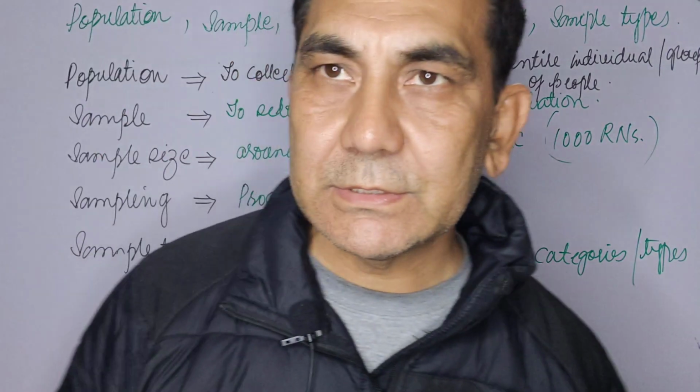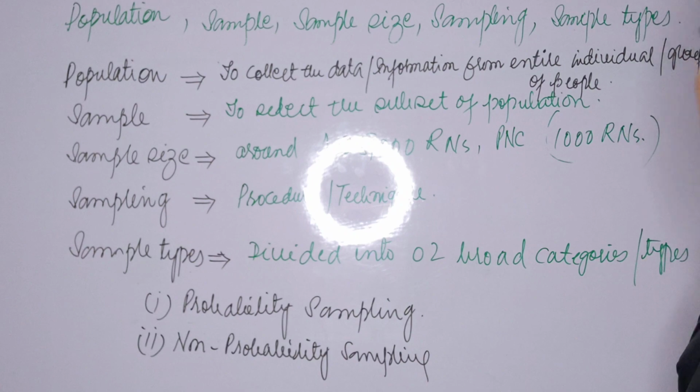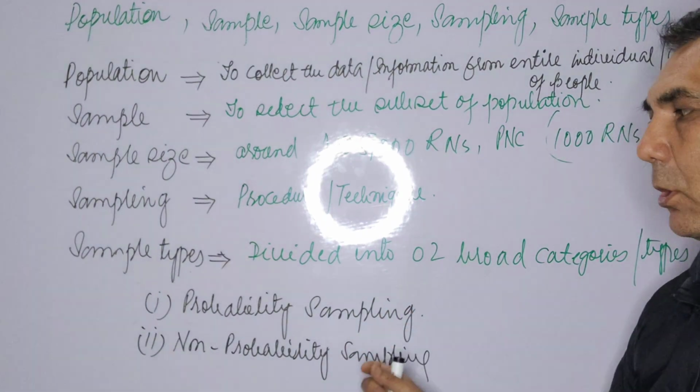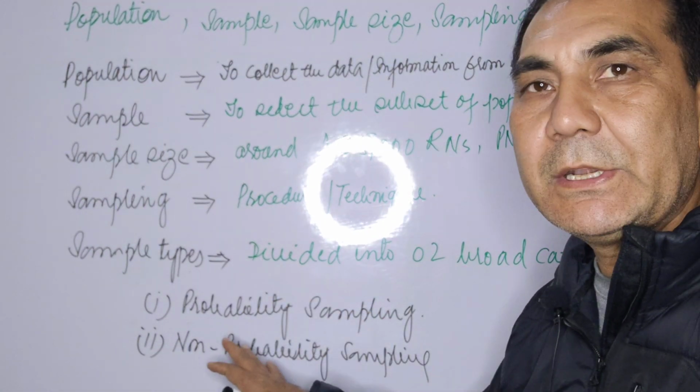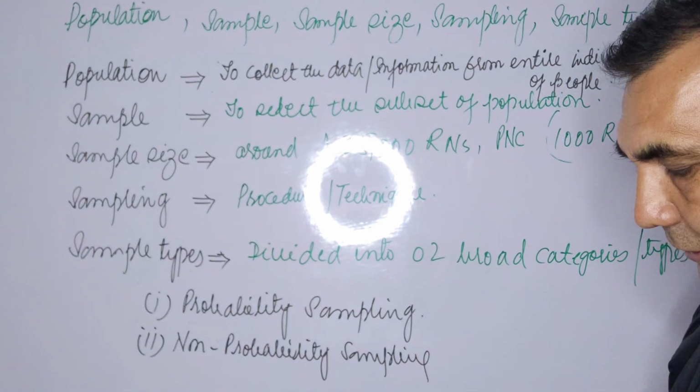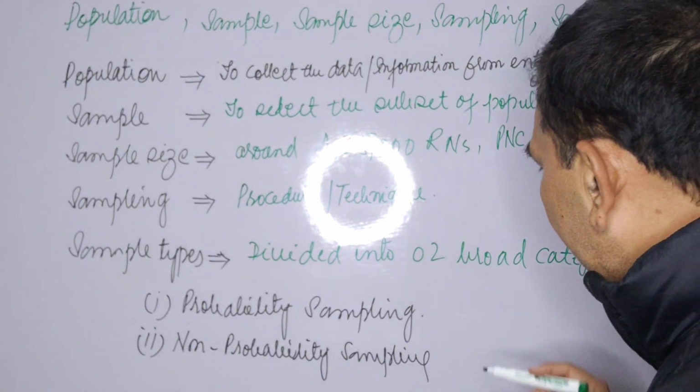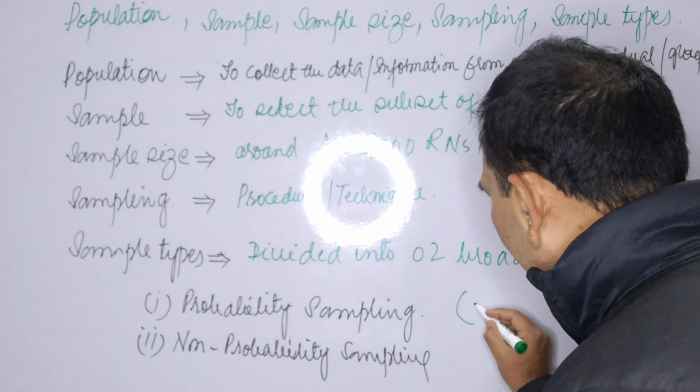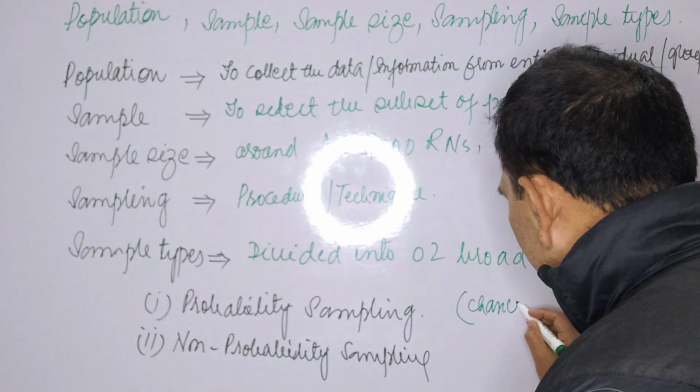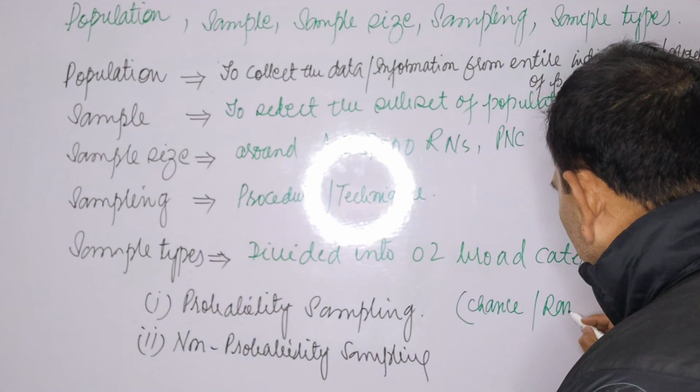Now, what's the difference? Here we will learn briefly about the difference between probability sampling and non-probability sampling. Probability sampling always selects the sample by chance or randomly.